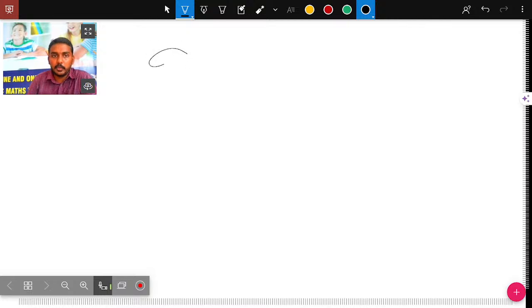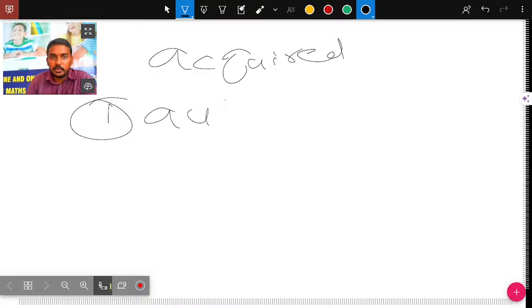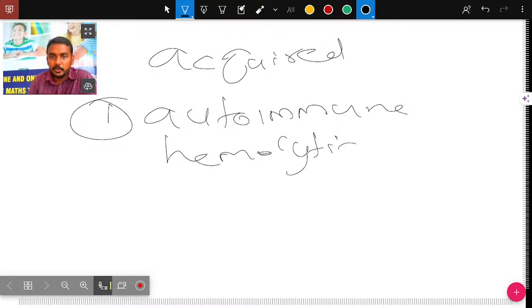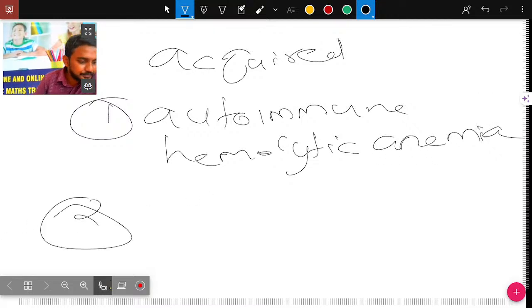We are talking about the acquired causes. Autoimmune hemolytic anemia. The second one is infections.